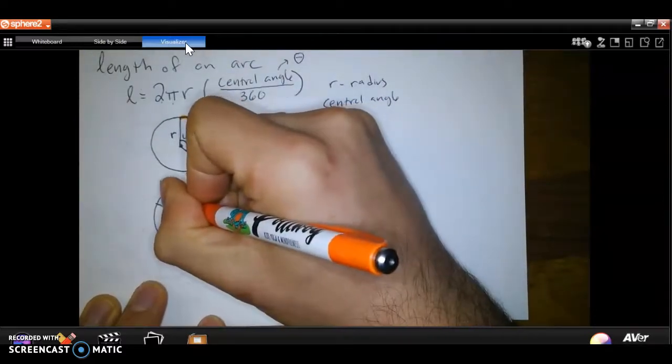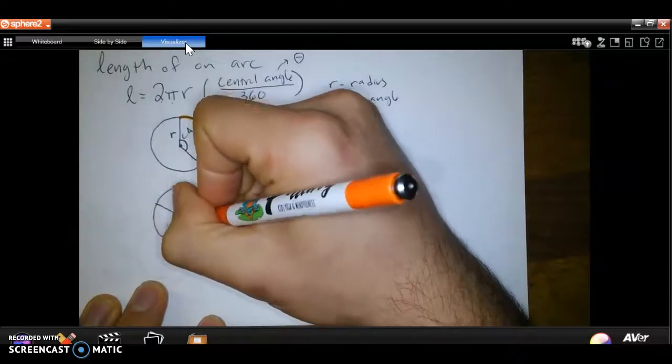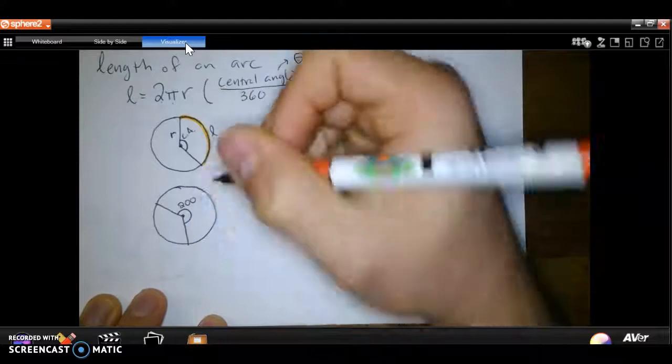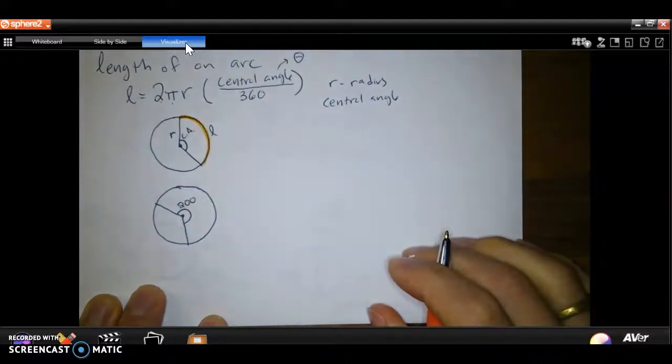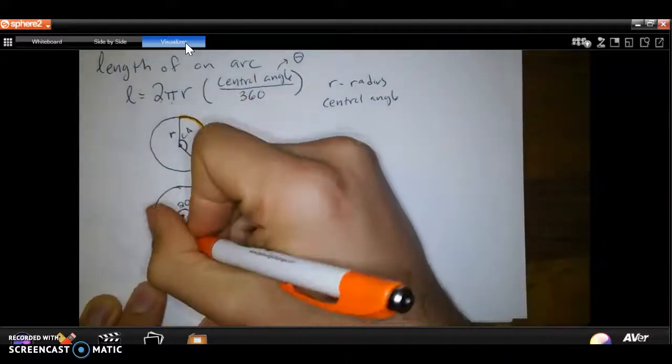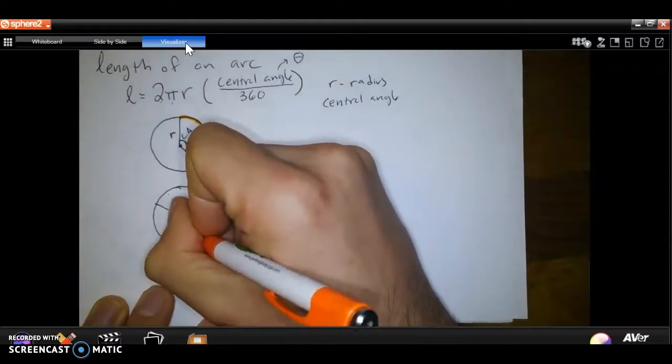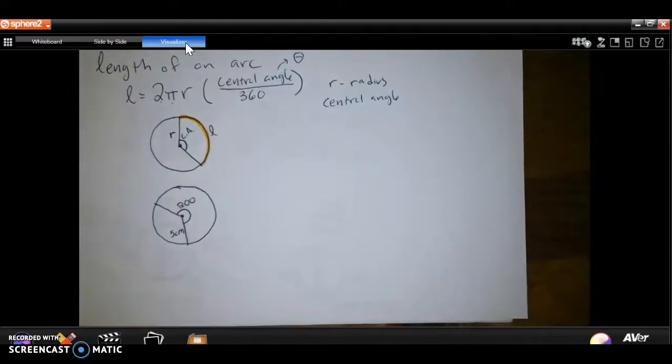We're going to say this is 200 degrees for that central angle, and we're going to say our radius is 5 centimeters for our metric friends.